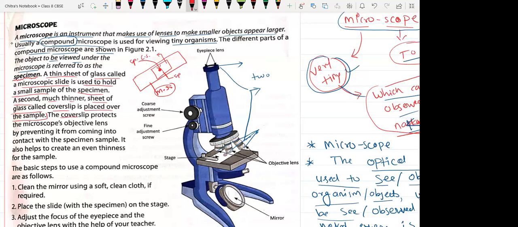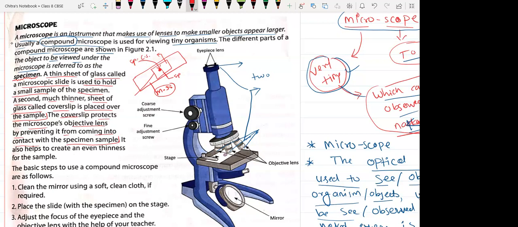The cover slip protects the microscope's objective lens by preventing it from coming into contact with the specimen sample. It protects the objective lens from touching the object.